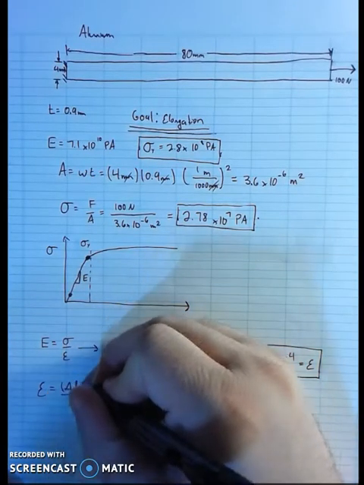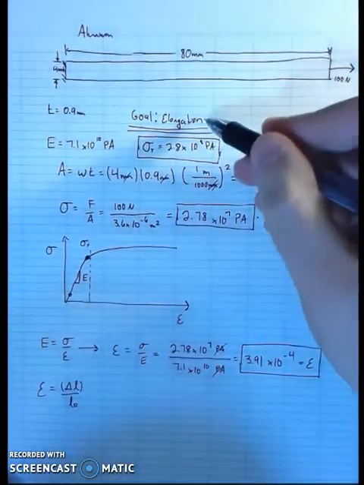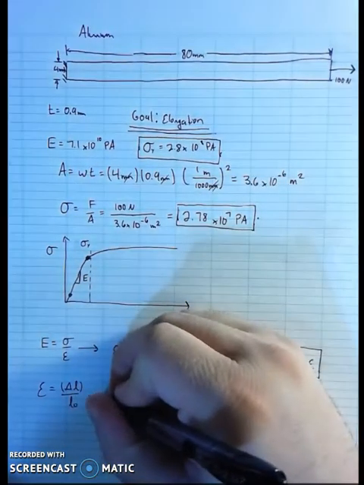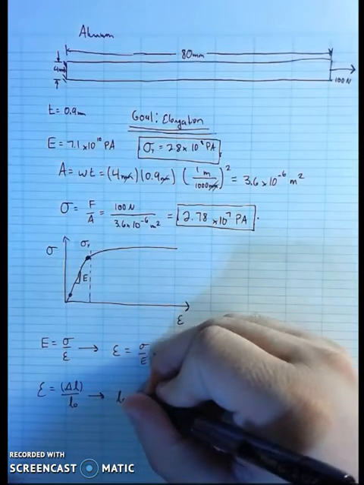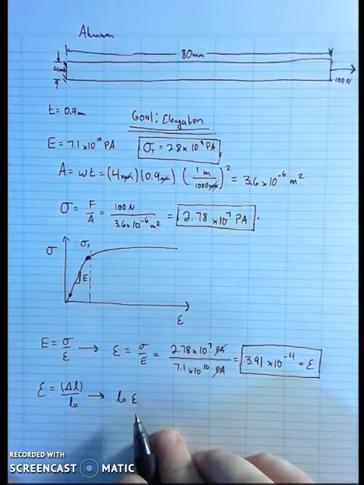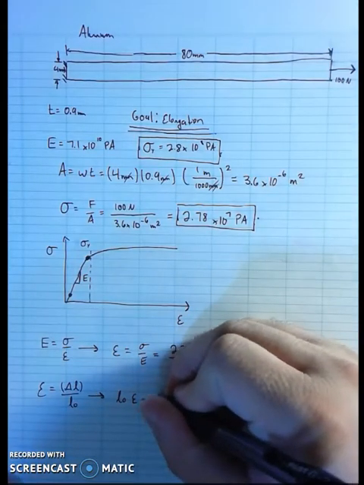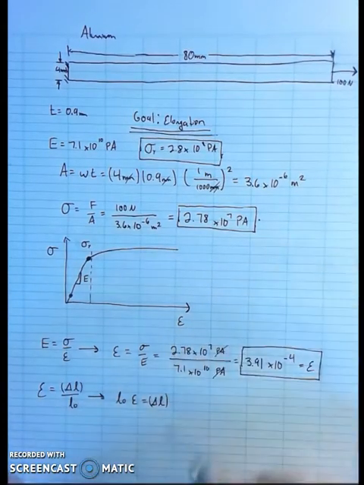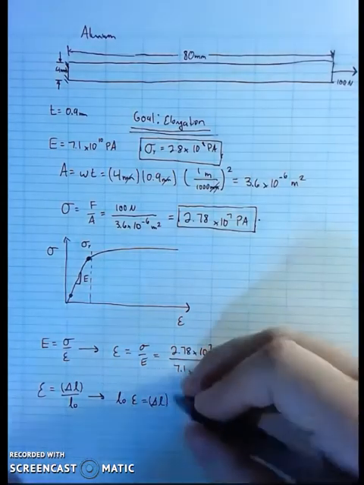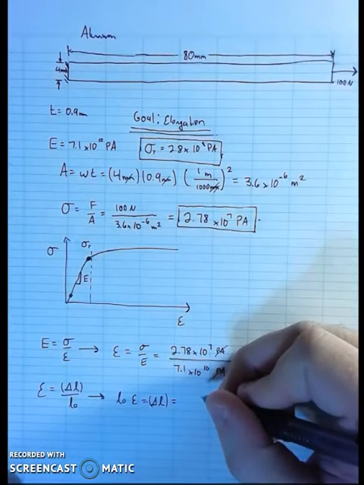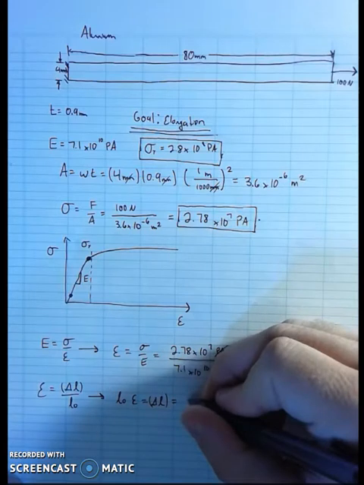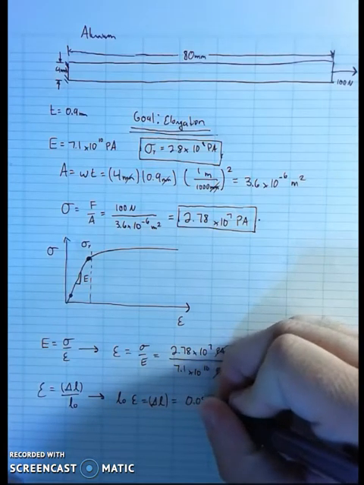Now what I'm going for, of course, is elongation, because that's my initial goal. So I need to do some mathematical manipulation here: multiply the initial length by the strain, and that's going to be equal to the elongation, which is the goal. This is what I'm shooting for. So if I put in numbers, I know that my initial length, I said, was 80 millimeters, so that's 0.08 meters.